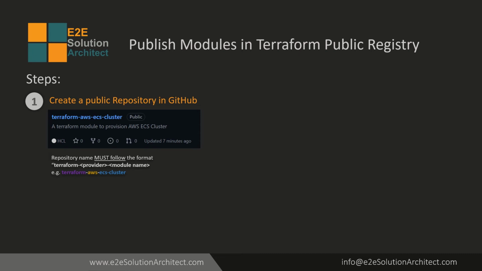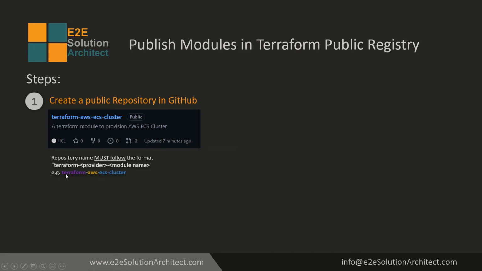You should have a public repository in GitHub, and the name of that repository must be in this format: Terraform hyphen the name of the provider, whether it is AWS or Azure or GCP, and hyphen, and then the last part is your module name. In our case, it is ECS cluster.